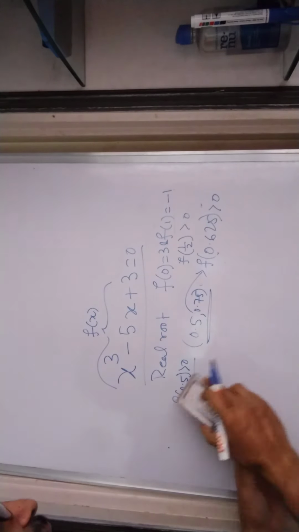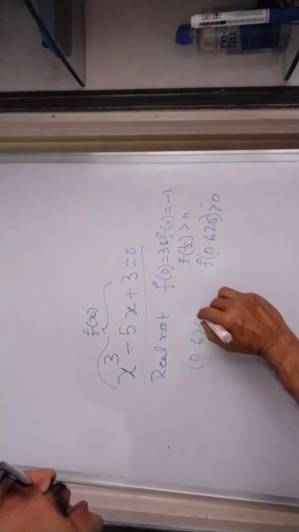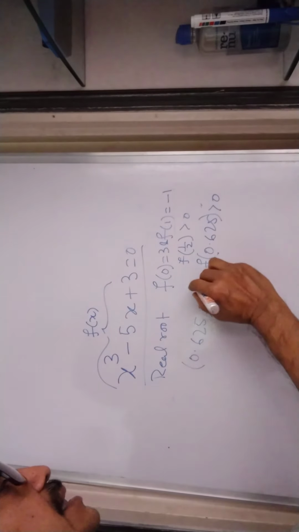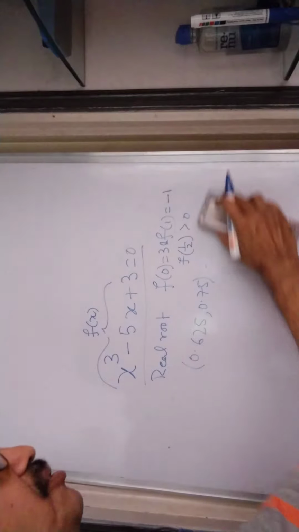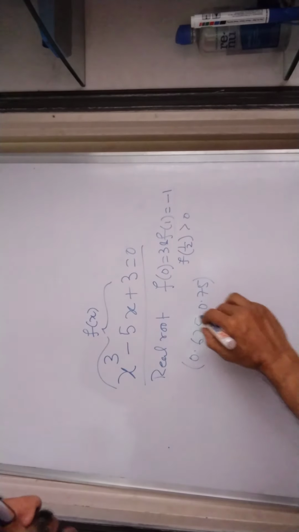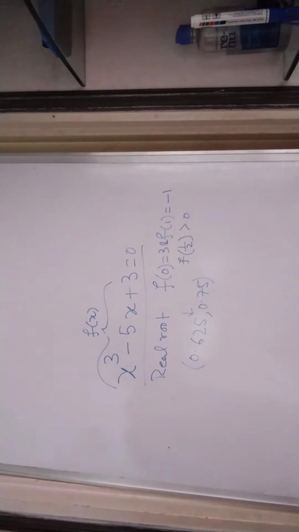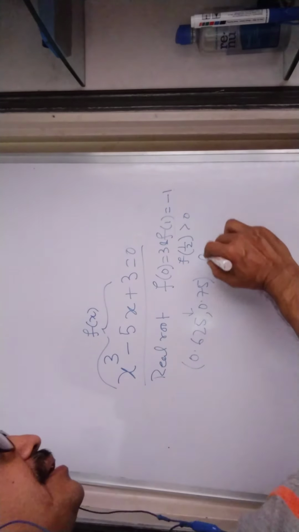The root lies between this interval. Okay, so again we have to choose the middle point of this interval. What is the middle point of this interval? This turns out to be 0.625 plus 0.75 by 2, which is actually 0.6875.